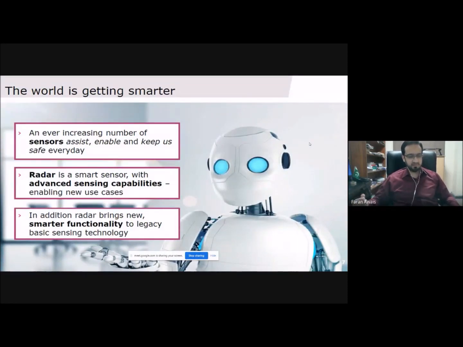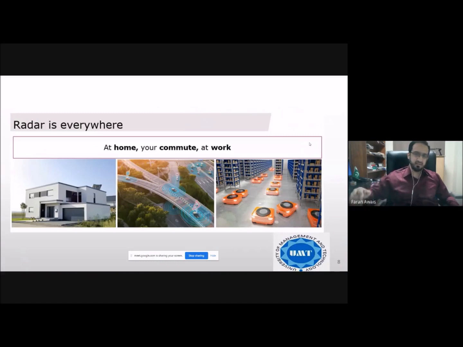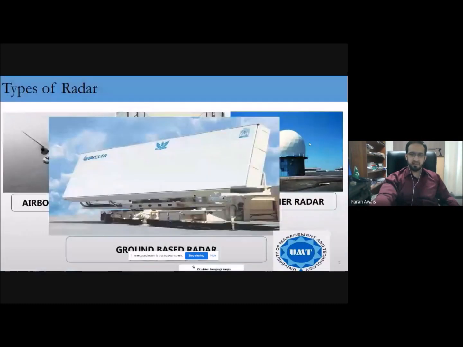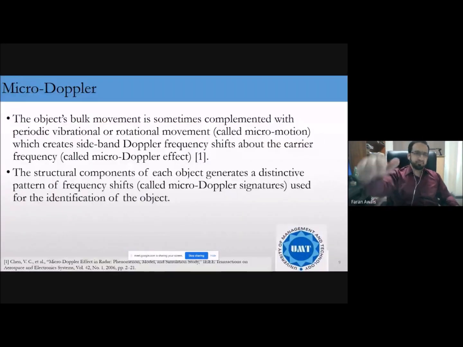In the modern world, radars are shorter and smarter sensors. They are in our homes, on highways with Doppler radars, and in community buildings. So whenever you talk about radar, it does not necessarily mean a big gigantic structure.